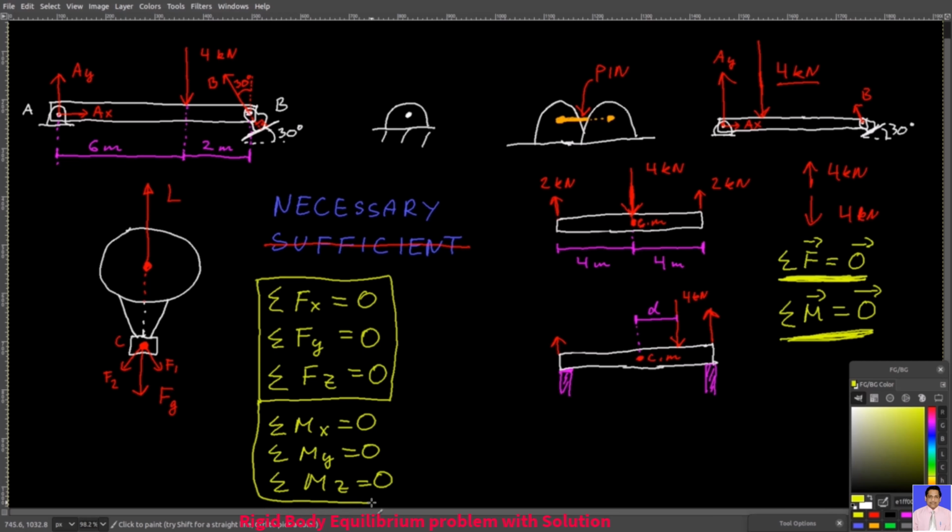This condition here will prevent the body from rotating. These two conditions, the sum of all the force vectors needs to be a zero vector, and the sum of all the moment vectors needs to be a zero vector. If they are met, then they are necessary and sufficient conditions to keep a body in equilibrium.